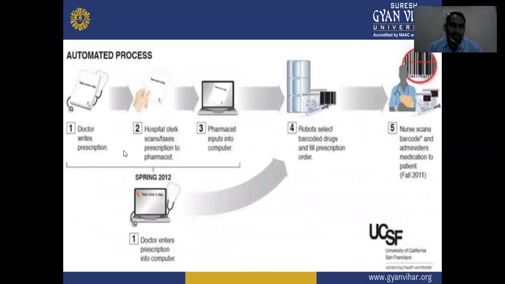Automated process: the doctor writes the prescription, then the hospital clerk scans the prescription to the pharmacist, then the pharmacist inputs it in the computer, then robots select barcoded drugs and fill the prescription order, then the nurse scans the barcode and administers the medicines to patients.